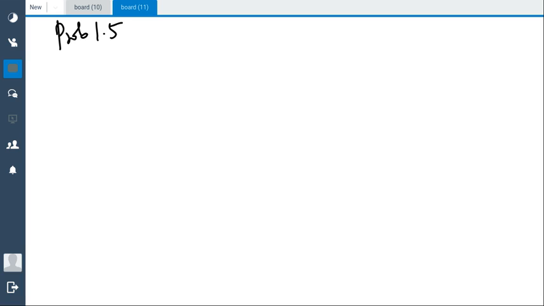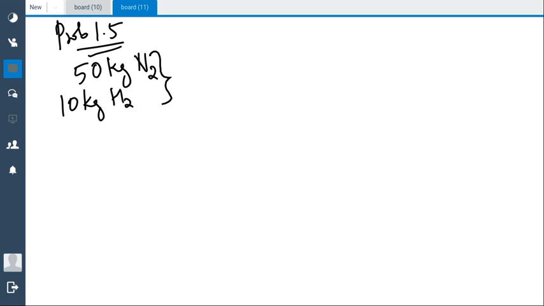It's problem 1.5 from the book. We have 50 kg of nitrogen and 10 kg of hydrogen. These two are mixed to produce ammonia.